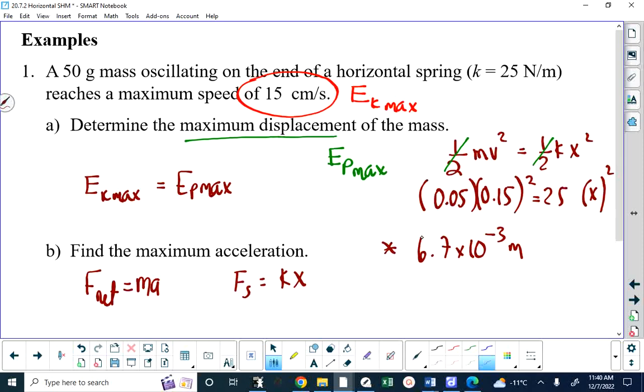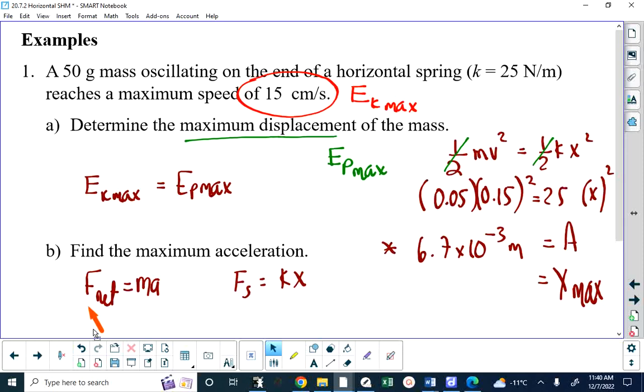This is the amplitude or the maximum displacement. If you put the maximum displacement in here, then you're going to get the maximum force coming out. If you put that maximum force in here, you're going to get the maximum acceleration coming out.